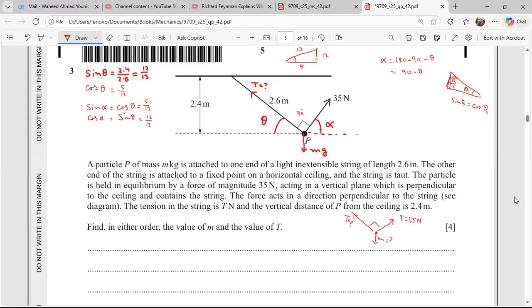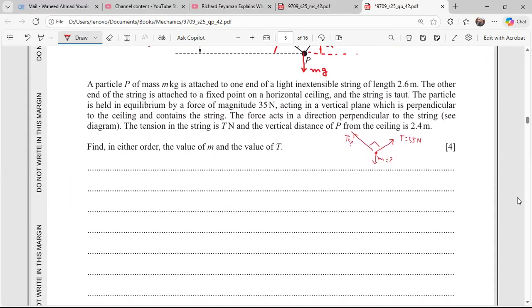Now, you know that if something is in equilibrium, the sum of all forces along the x-axis is 0. There are two forces along the x-axis. I can resolve this force into its x component and y component.